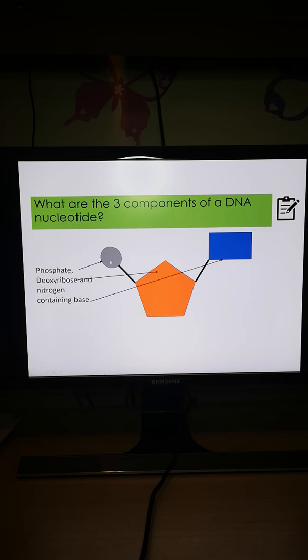Okay, would have a phosphate. The sugar would be deoxyribose, and there would be a nitrogen containing base. Now those nitrogen containing bases are 1 of 4, could be adenine or thymine, could be guanine or cytosine.